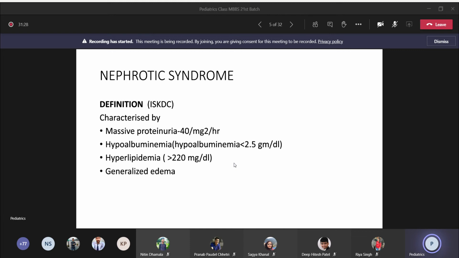So let us come one by one. What is massive proteinuria? Massive proteinuria means the albumin level is 3+ or 4+. So why is there massive proteinuria?